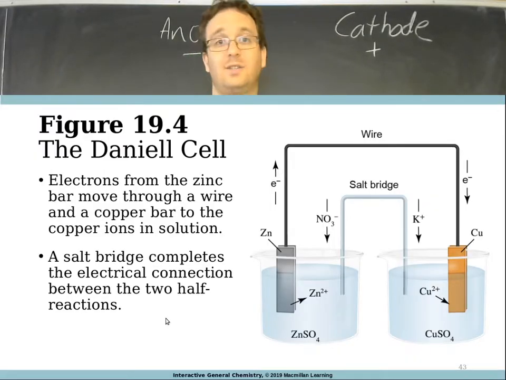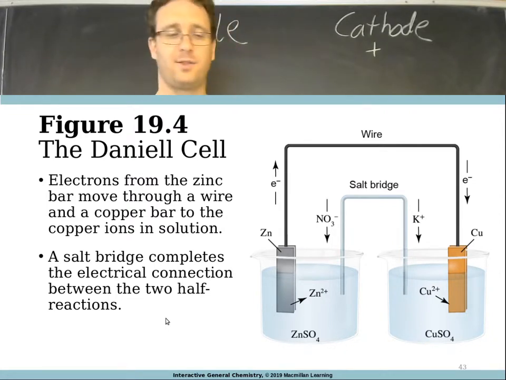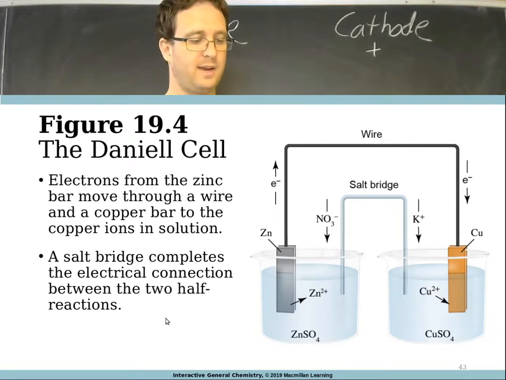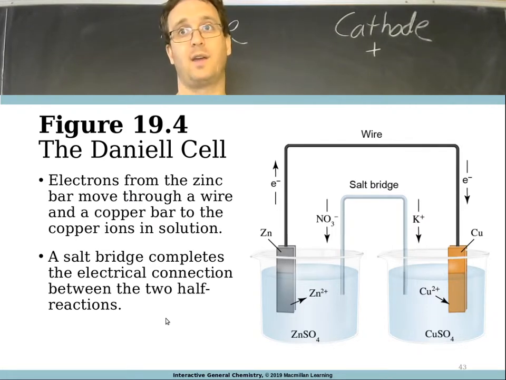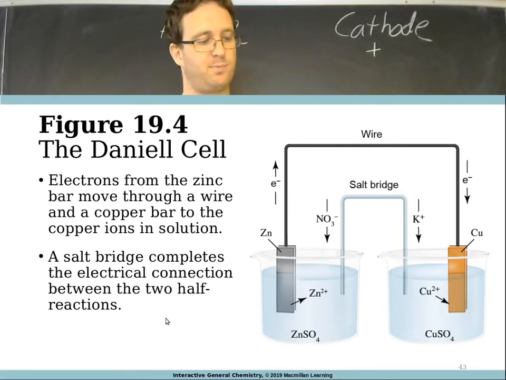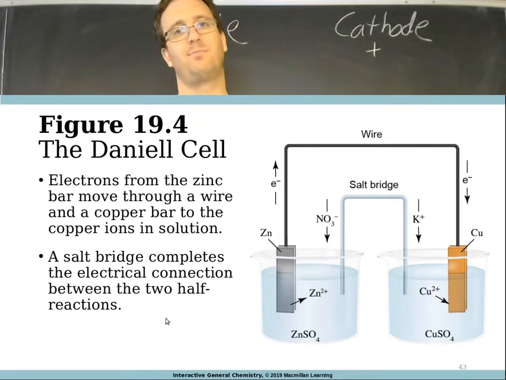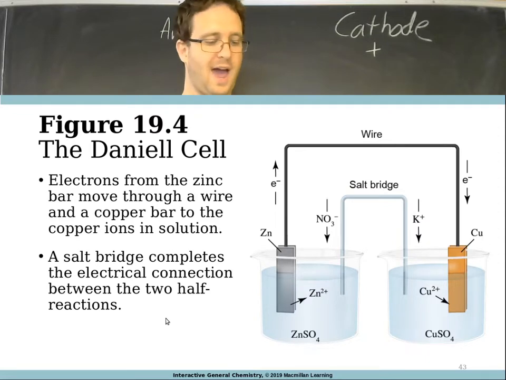So as you see, the chemical reaction in a voltaic cell is physically separated into two parts. We call them the anode and the cathode. We can talk about the chemical reaction itself as being separated into two parts as well. Each of them are called a half reaction, and each of the physical parts of the cell are called a half cell.